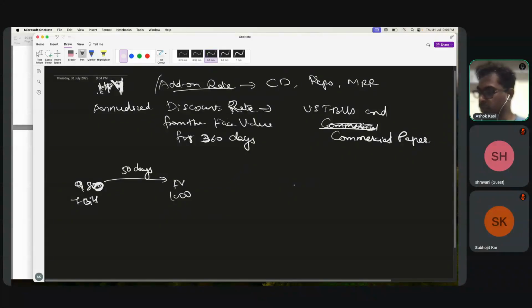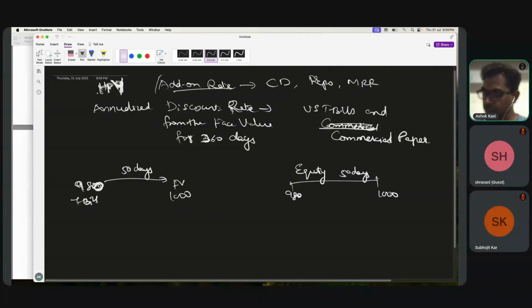Case one. Second one is some other instrument, 980, other equity, and in 50 days it is giving me 1000.